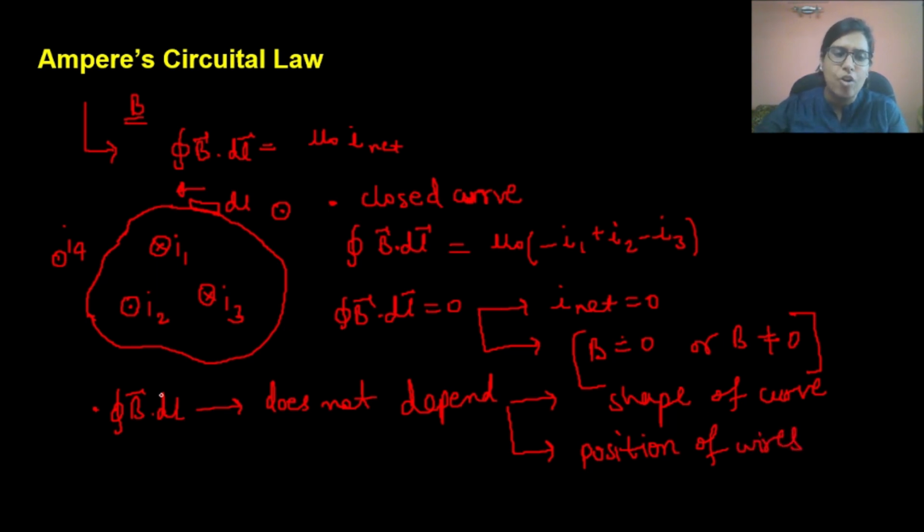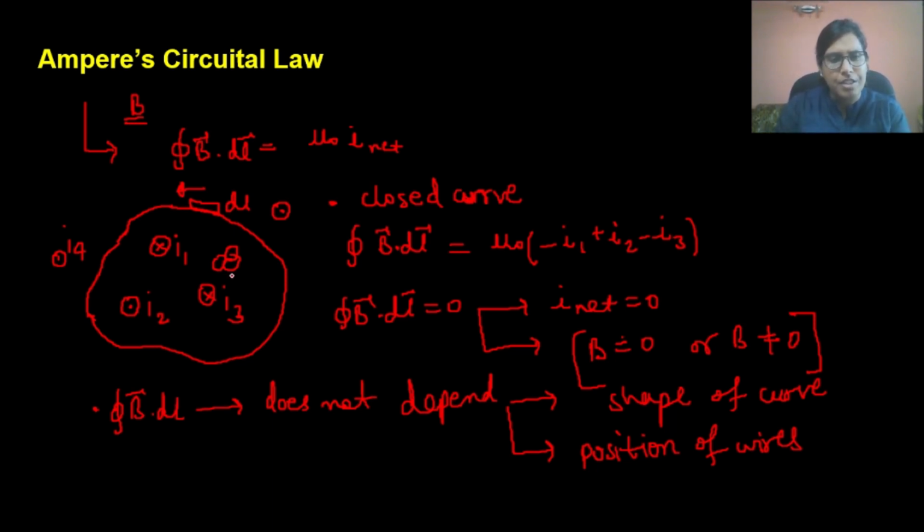So if these wires are not in this pattern, suppose these wires are close together, then the B dot dl will be the same because we are putting only the currents. It does not depend on the position of the wires and does not depend on the shape of the curve.